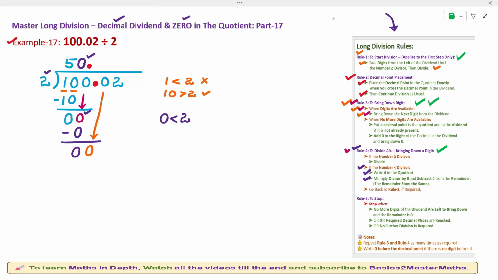Let us apply rule 4 again. Observe, now the number becomes 0, which is less than the divisor 2.